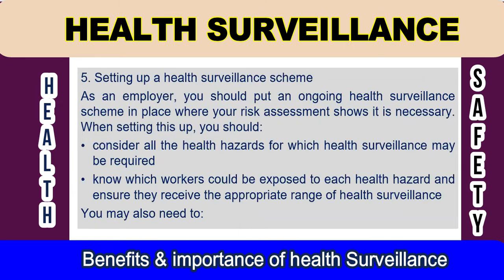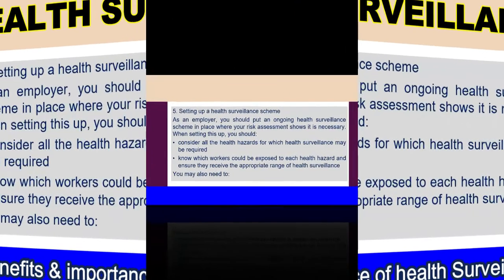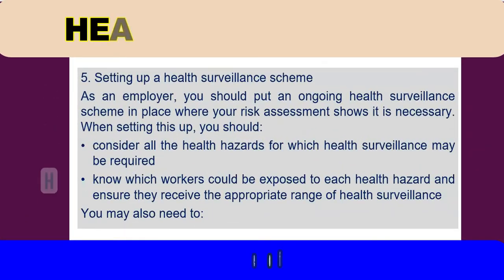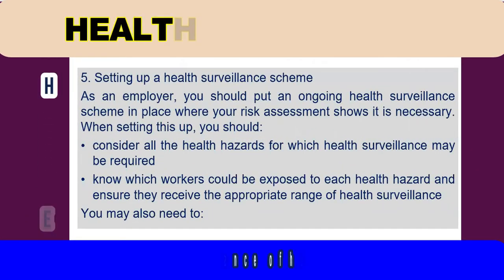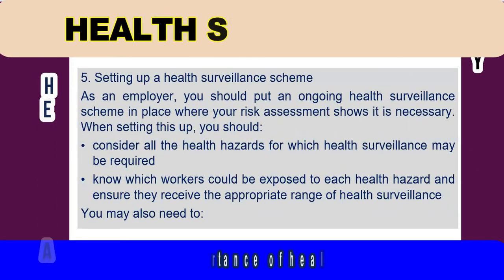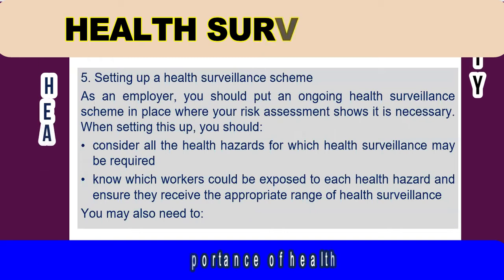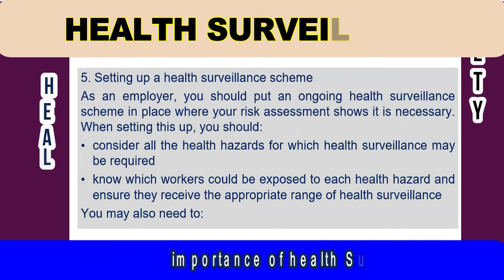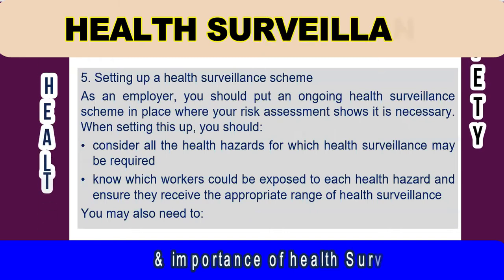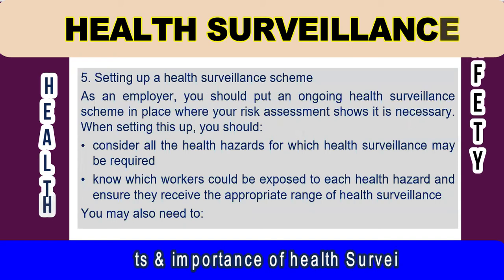Another important step, because as an employer, you are responsible that your workers are safe, healthy, and fit for the task. For this purpose, you need to set up a health surveillance scheme. As an employer, you should put an ongoing health surveillance scheme in place where your risk assessment shows it is necessary.